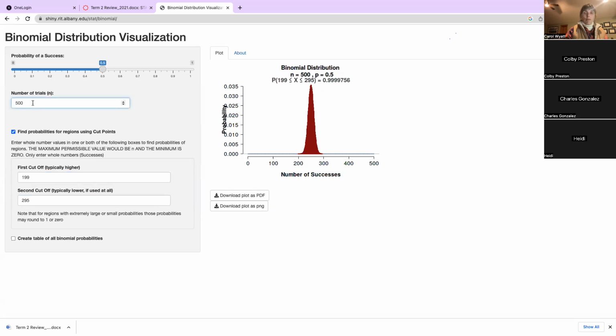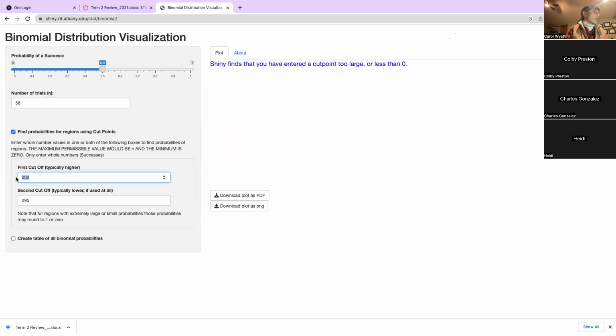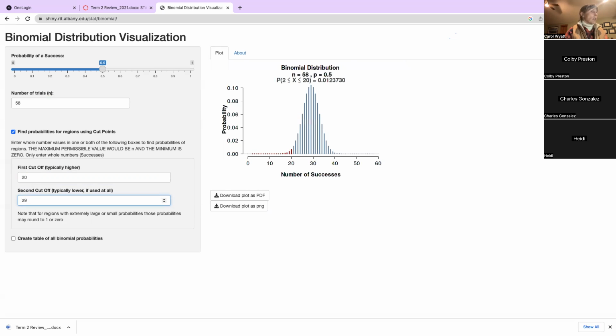If I change that for 50, between 20 and 29, this is only 54%. So the odds are better of winning with the higher one. For the first one, the odds are better winning if you roll more. For the second game, the odds are better winning if you roll less.